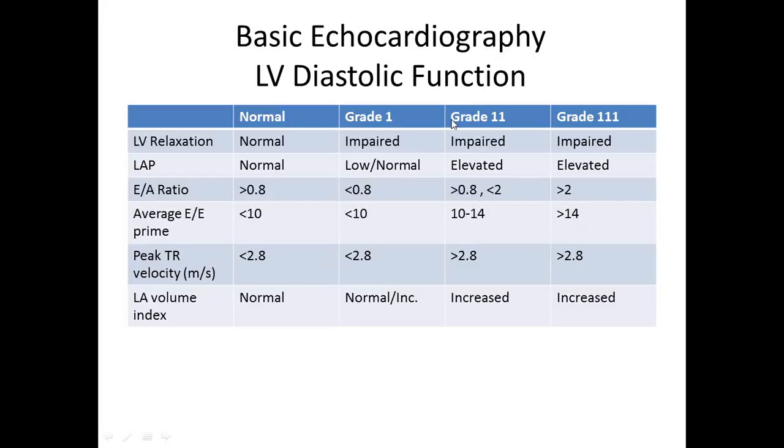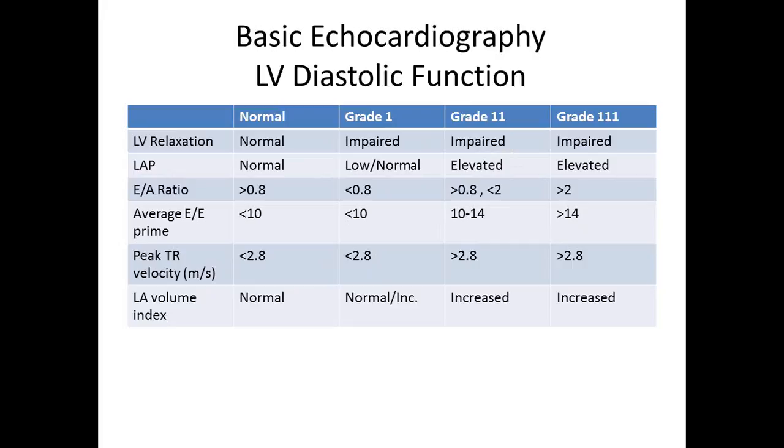Your grade 2, they also have impaired relaxation, but the left atrial pressure is going to be high, it's elevated. In grade 2, some of them have what we call a pseudo-normal pattern. Remember your pseudo-normal pattern, the E is bigger than the A, but some of them are going to have a small E as well. But a lot of these are going to have pseudo-normal. But the E to A ratio is not going to get to the level of a restrictive physiology.